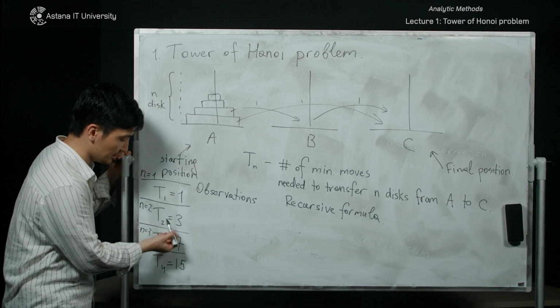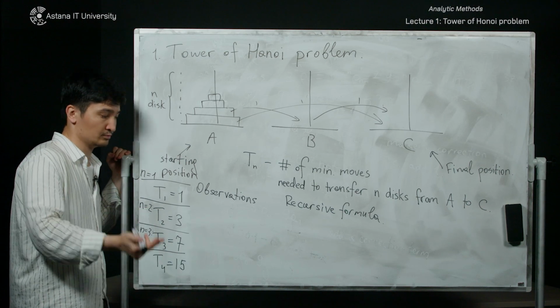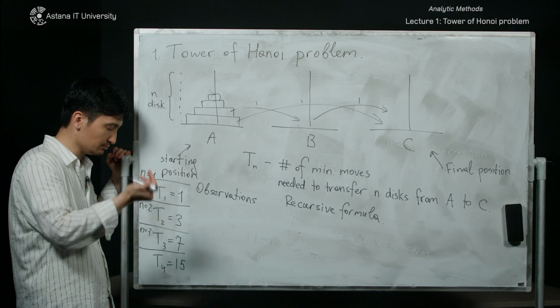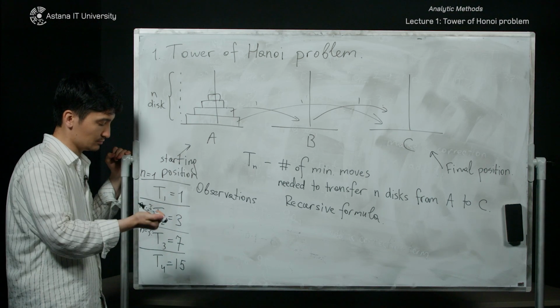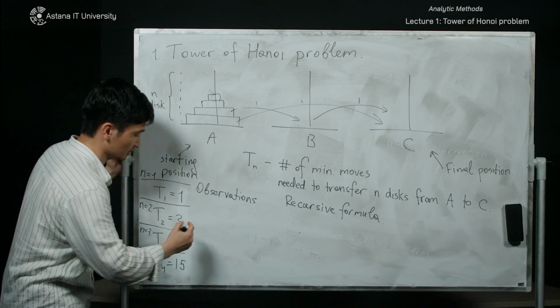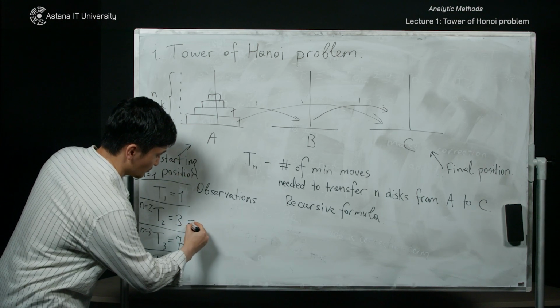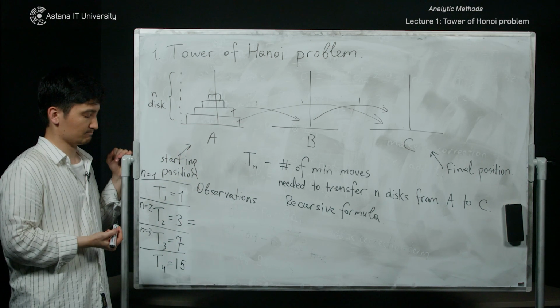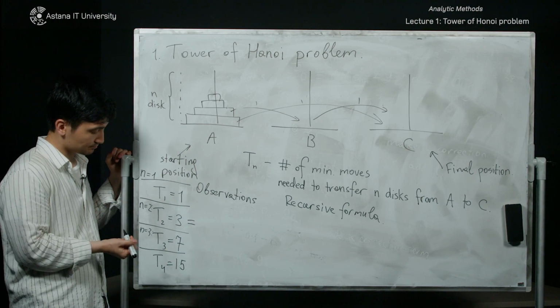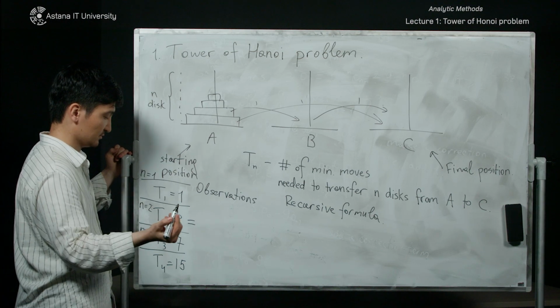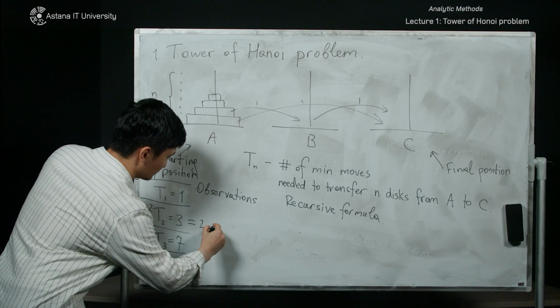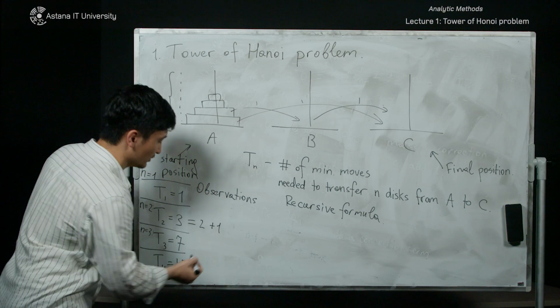Over here I have 3, which is t2. If I want to connect it with t1, I have to somehow express 3 in terms of 1, or basically t2 in terms of t1. What I see is that 3 is 2 plus 1, right?